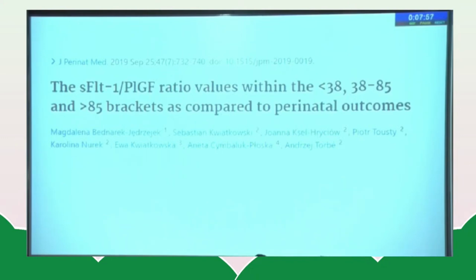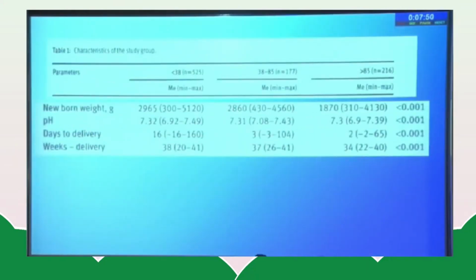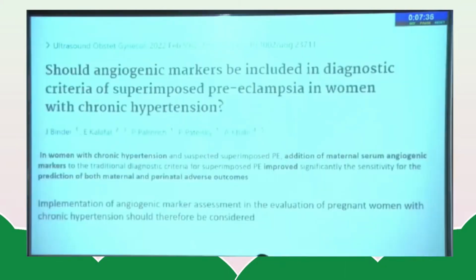And we showed that using only angiogenesis markers, we can predict small babies, preterm deliveries, and also worse perinatal results. Definitely, it has developed very quickly, and this is very interesting research from Julia Binder and Professor Kali.